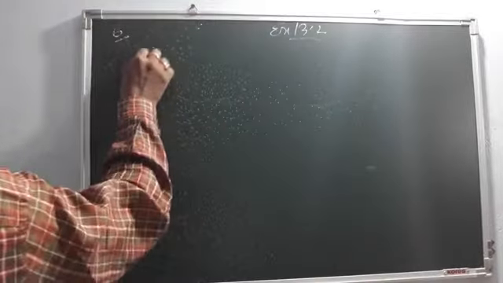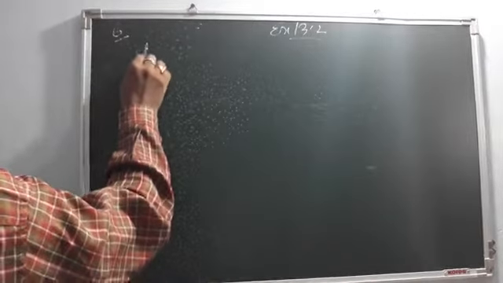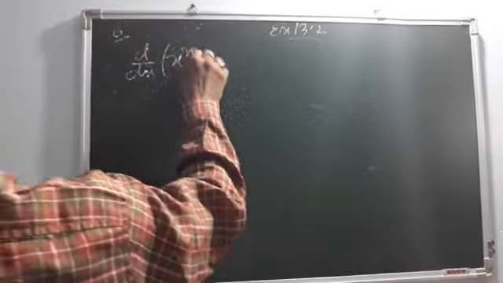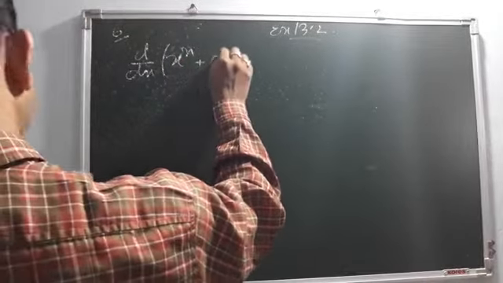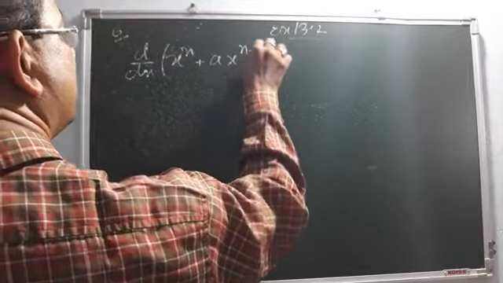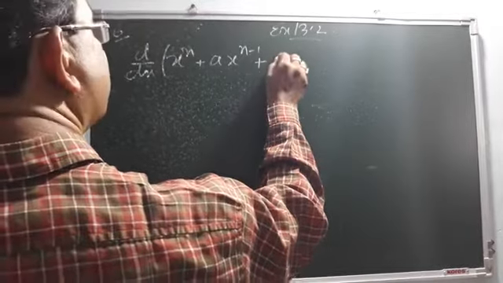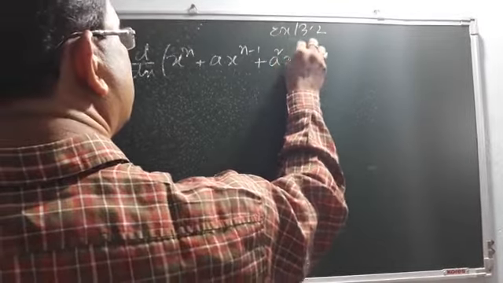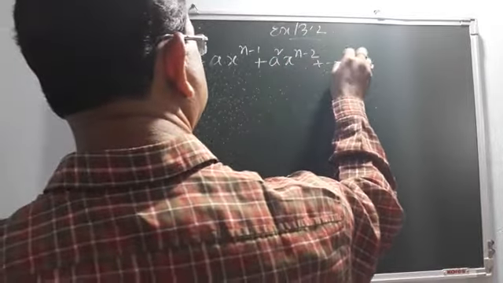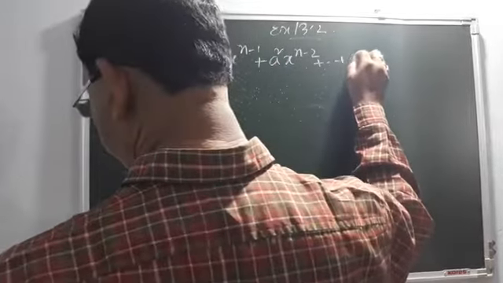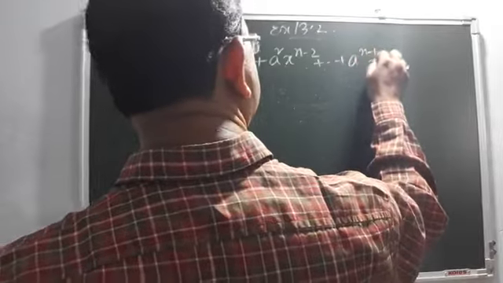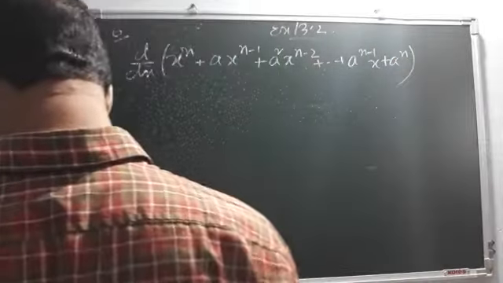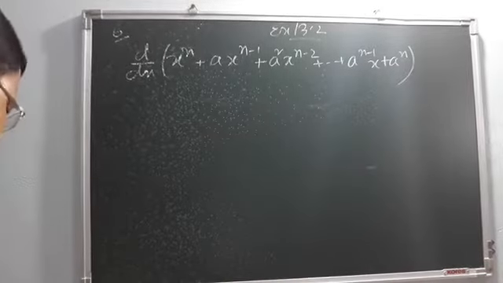So d dx of x to the power n plus a x to the power n minus 1 plus a square x to the power n minus 2 plus a to the power n minus 1 x plus a to the power n. So we have to differentiate that one.